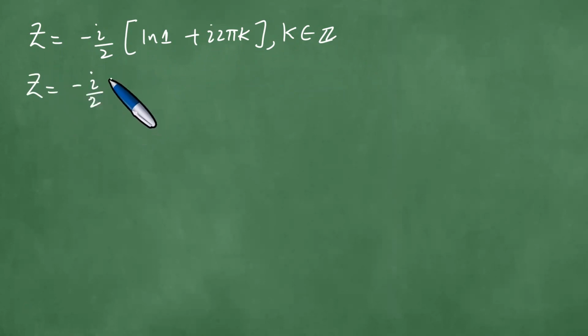Right, so the ln of 1 is 0, giving us i 2 pi k, k in the integers.